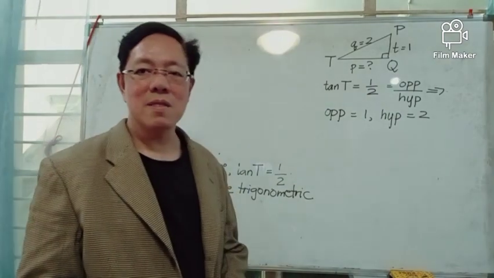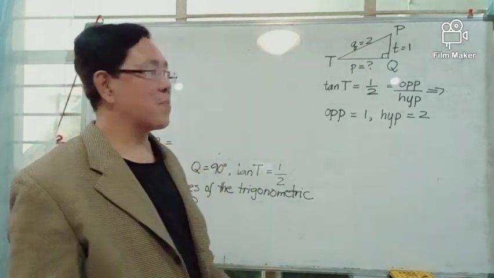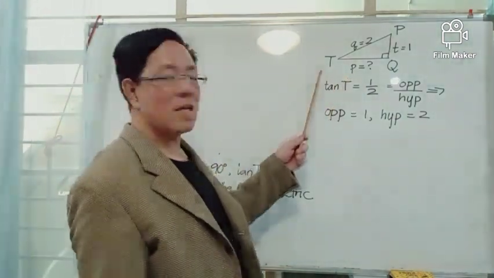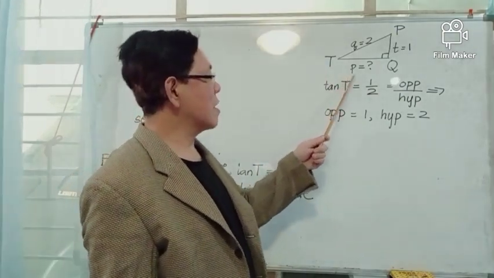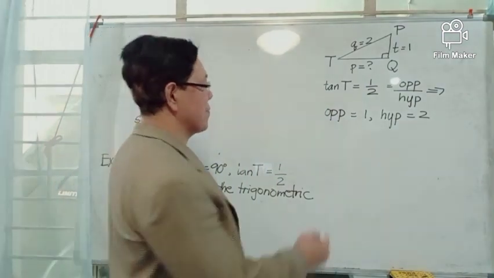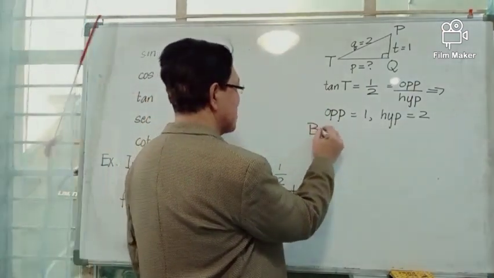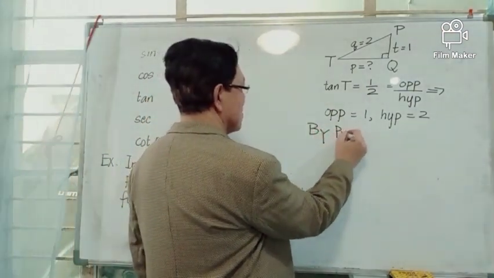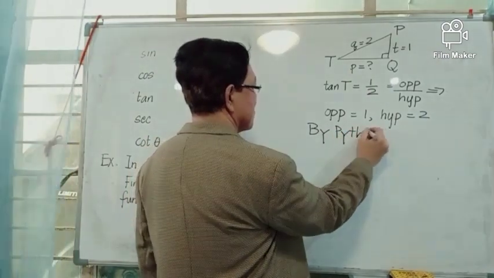And we find the value of small p, the side adjacent to angle T, or the side opposite angle P, by Pythagorean theorem. Thus, we write by Pythagorean theorem.